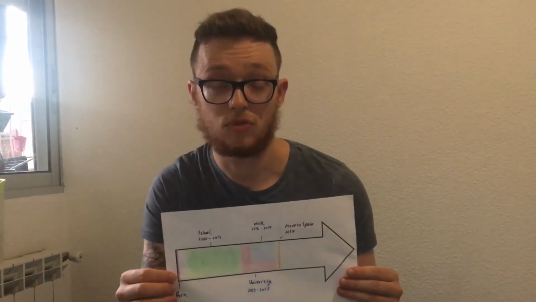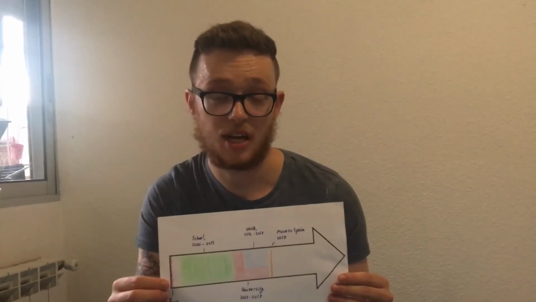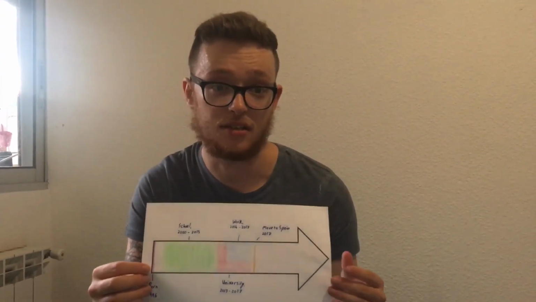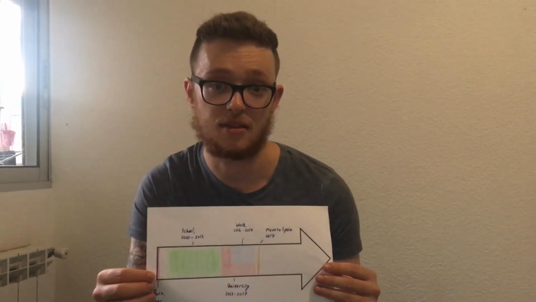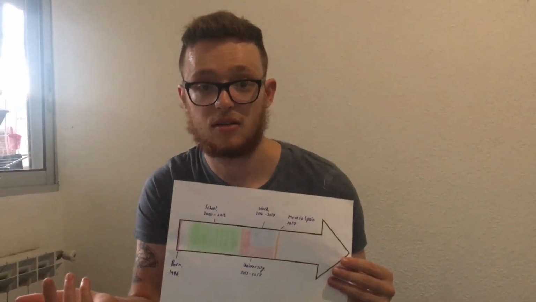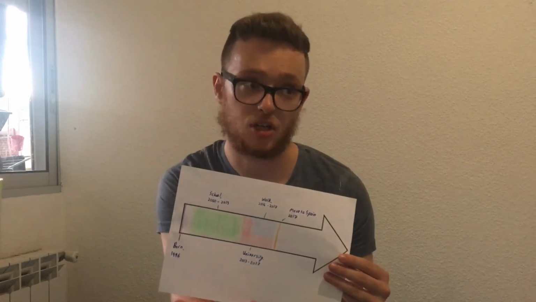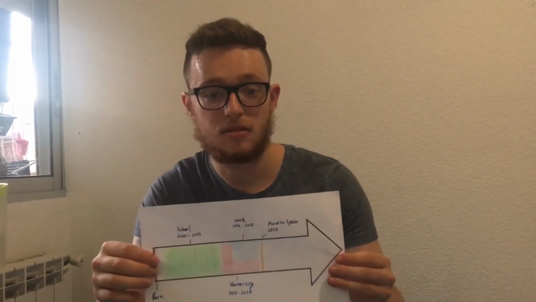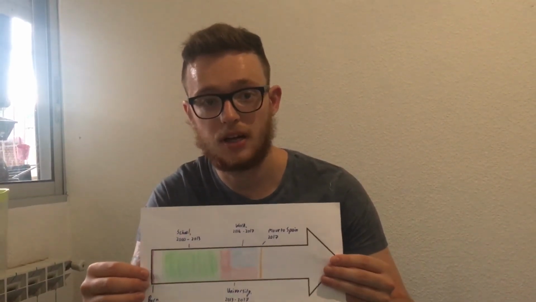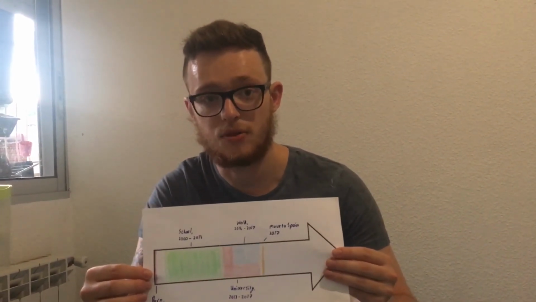So, for example, the conquest of Hispania happened at the same time as the civil wars that followed Julius Caesar's death, which led to the collapse of the Roman Republic. These two events happened partially simultaneously. So that's it for timelines. They're just a useful way of visualizing history and the past.